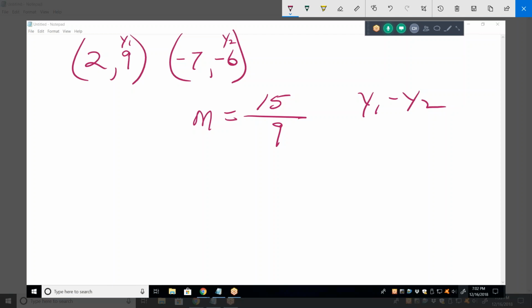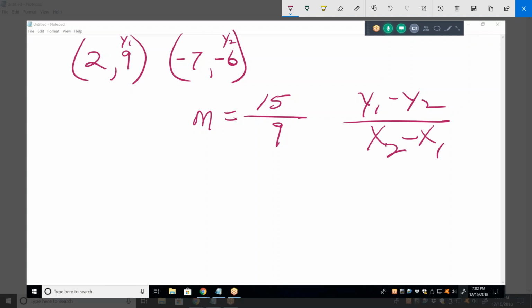It's too easy. If you start mixing up your ability to start with y1 or y2, it's really easy to make a mistake. You don't want to go y1 minus y2 all over x2 minus x1. That'll give you a slope that is the negative of your true slope.